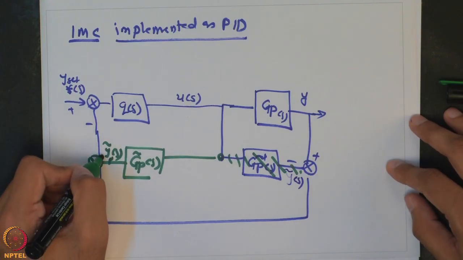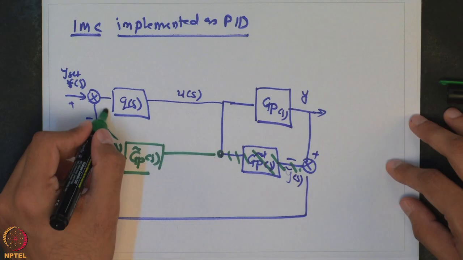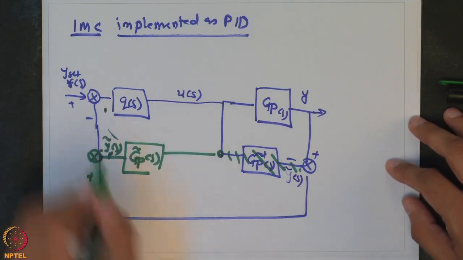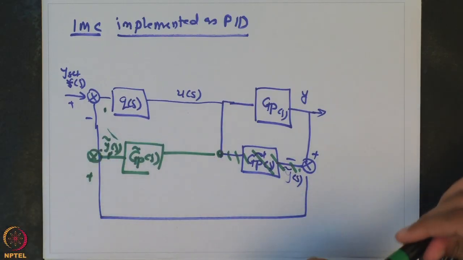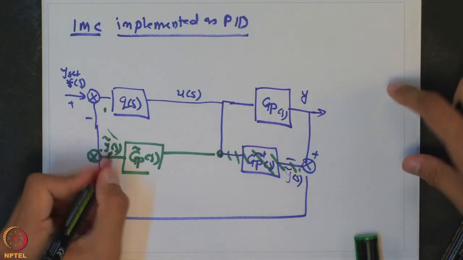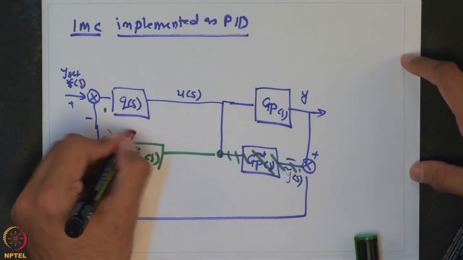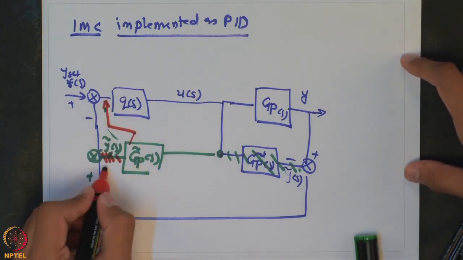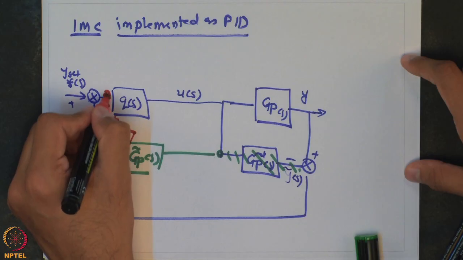So, there is one subtraction here and a second subtraction here. If I want to move this y tilde s directly here, I can simply add it to this particular portion. So, I can disconnect it from here, and if I put it here, then this is minus and minus plus. So, I can simply have a plus here.